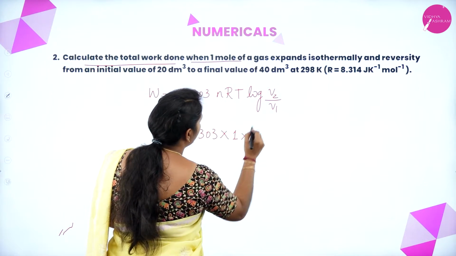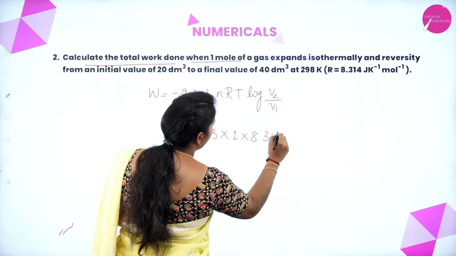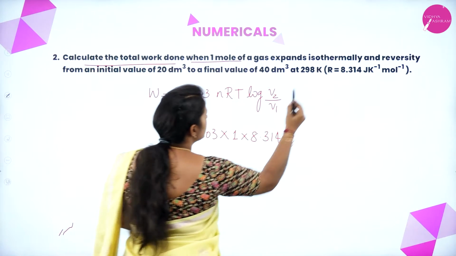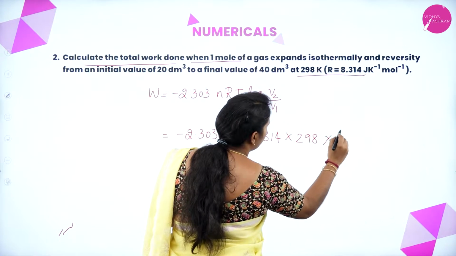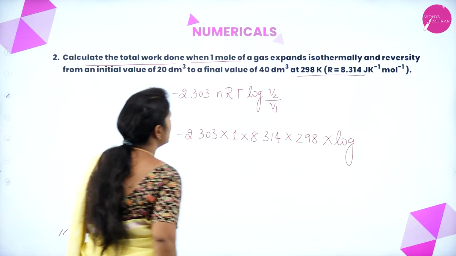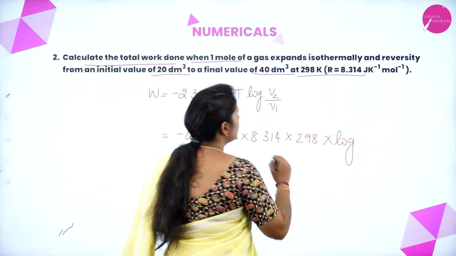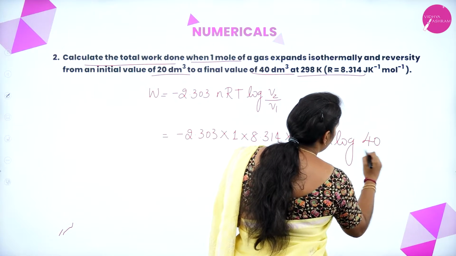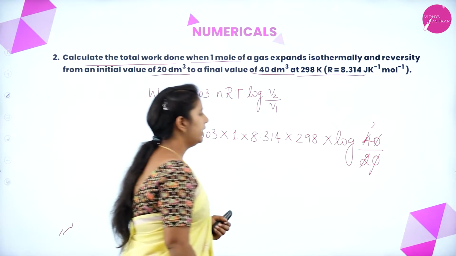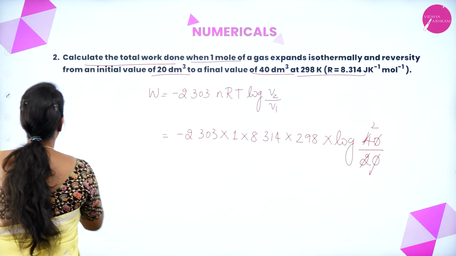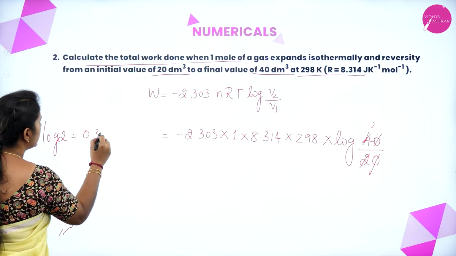So 1 into the gas constant 8.314 into the temperature 298 into log of the final volume 40 divided by the initial volume 20. So 2 ones are 2, it is log 2, and the log 2 value is 0.3010.